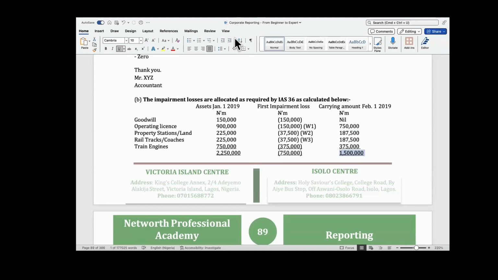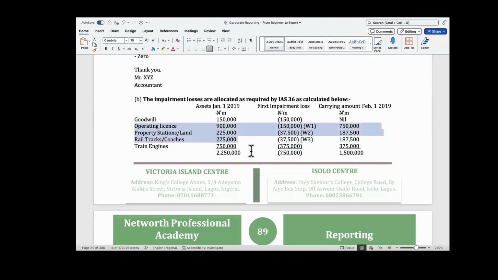Any concern here? The only observation I would have expected you to make is this: when I allocated 375,000 to one of the train engines that was damaged, then to goodwill, I now shared the remaining 225,000 impairment loss among these three assets.